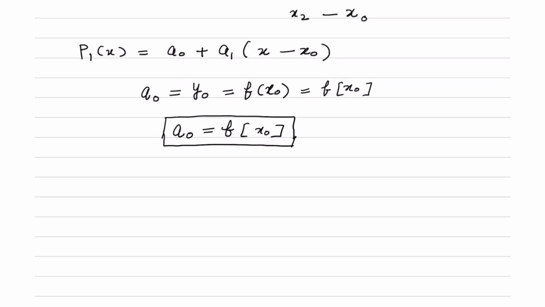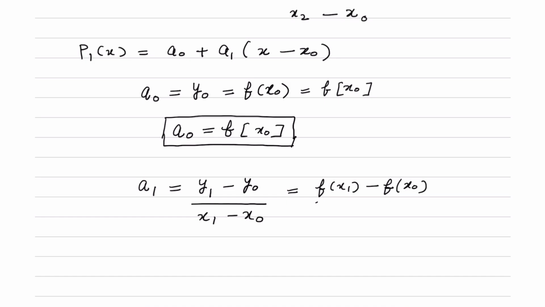Now we also know the value of a1, which was (y1 - y0) over (x1 - x0). Now we know that we can write y1 as f of x1 minus y0 as f of x0 divided by (x1 - x0). Now look at this expression, f of x1 minus f of x0 divided by (x1 - x0).